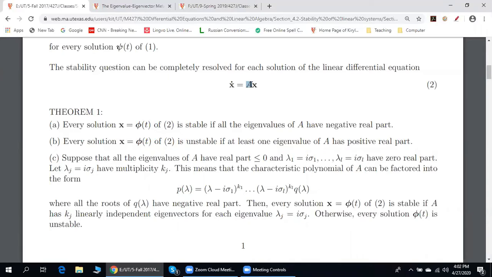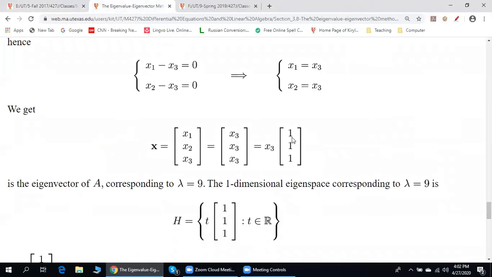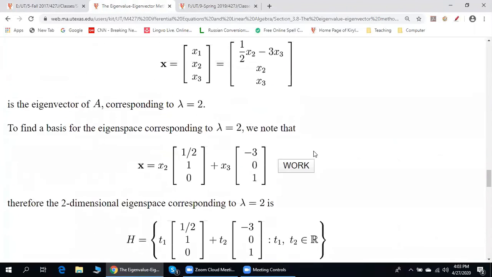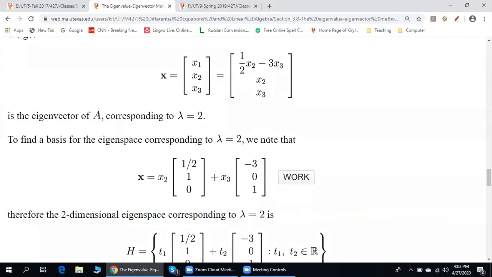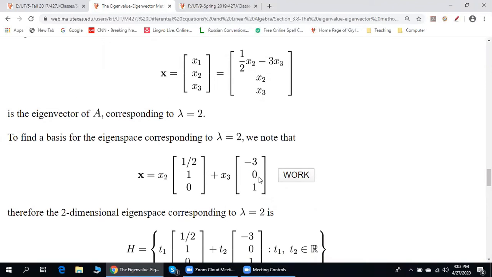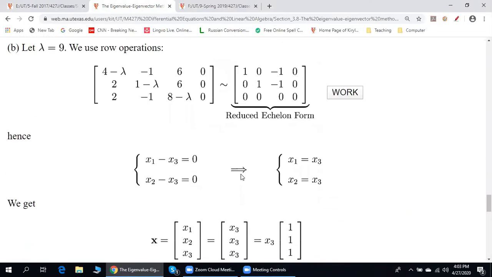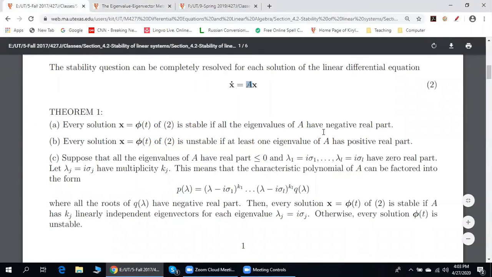And then we find the dimension of this eigenspace. In the same fashion as we did over here, there are 2 eigenvalues, 2 and 9. For each eigenvalue, we find the corresponding eigenspace, and then we find its dimension. Here the dimension is 2, here the dimension is 1.